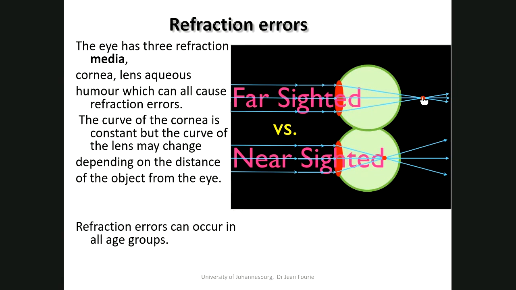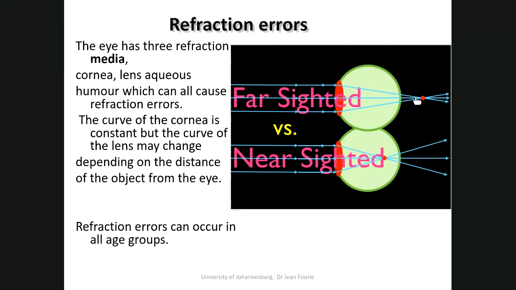And if you've ever played with a magnifying glass, that is exactly what this is about. If you have light coming in through a magnifying glass, it gets focused onto a particular spot, and then that spot has much more light on it. So for eyes to be working properly, the focus must happen exactly on the retina.